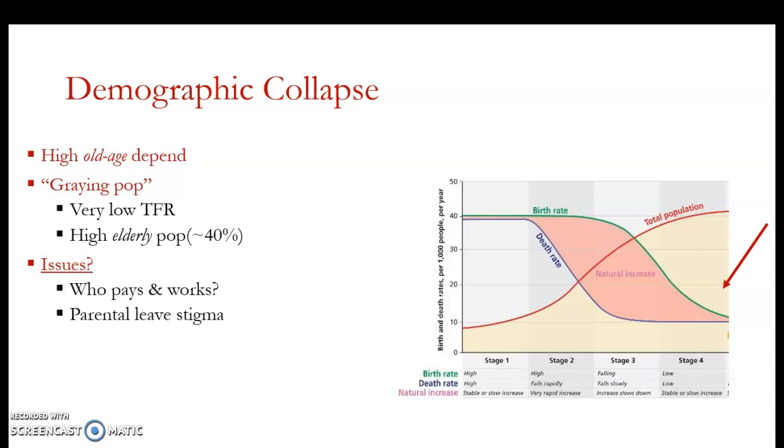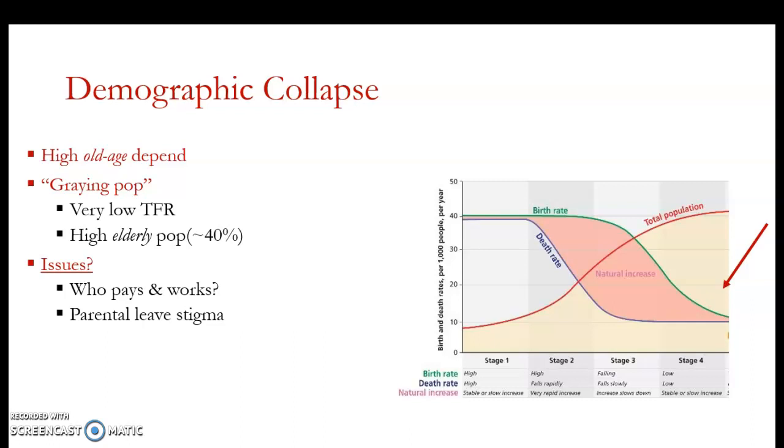So if there's stigma with parental leave like we have in Japan, if our population is aging, if it's post-industrial and more people are pursuing academics and pursuing careers, then we're going to delay childbearing. We're going to delay family growth.